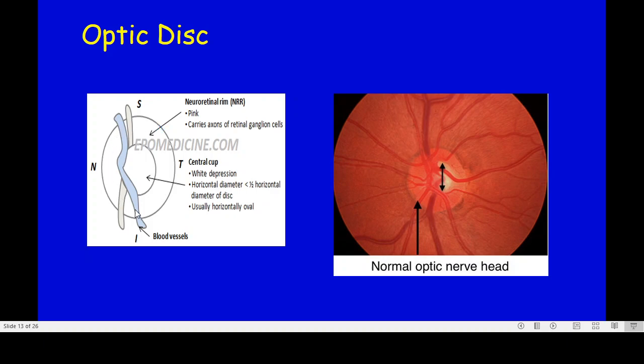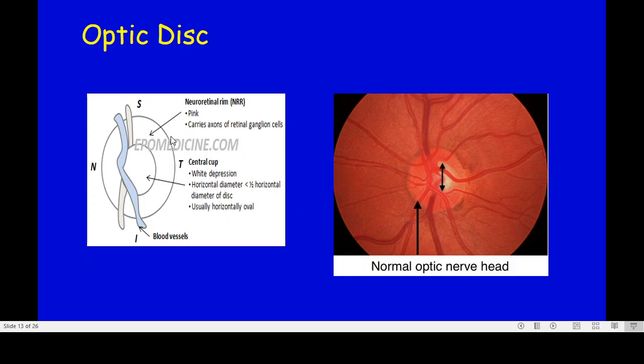The neuroretinal rim is this area, which is between the outer boundary of the optic disc and the inner optic cup. This is the cup area and this is the optic disc margin. So the area between these two is the neuroretinal rim.